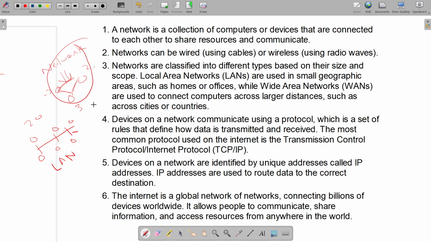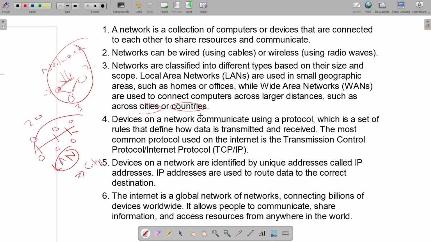Okay, now if the area is small, then it's known as LAN. If the area is wider, or for example you are giving connection to the whole city or something, that's a wide area network. Okay, and also they are used for cities and for countries too, so that's a wide area network. And devices communicate using a protocol.